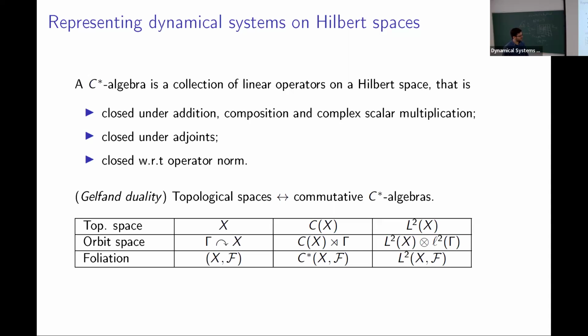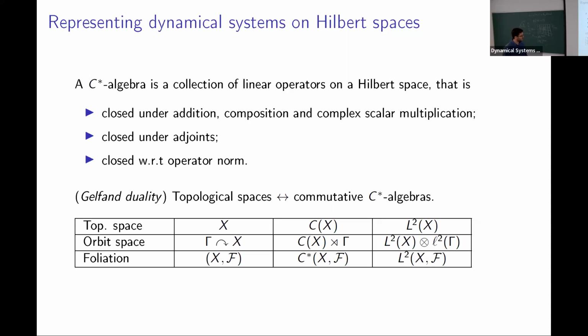Any element in here can be approximated by finite sums of elements in Gamma with coefficients functions in C(X). So it's like Fourier expansions. And these act on a Hilbert space.